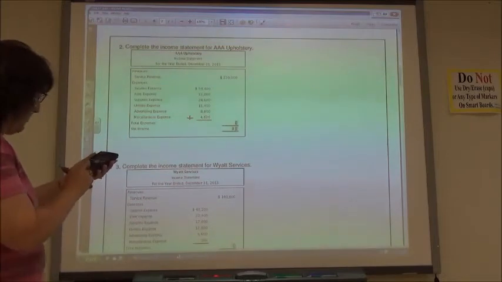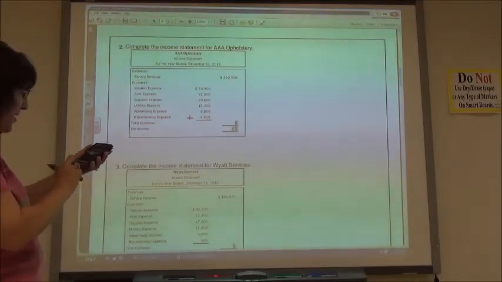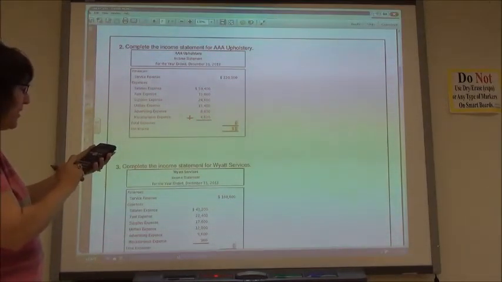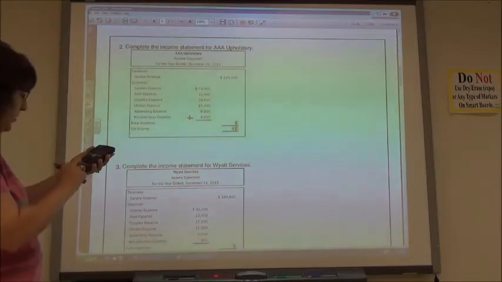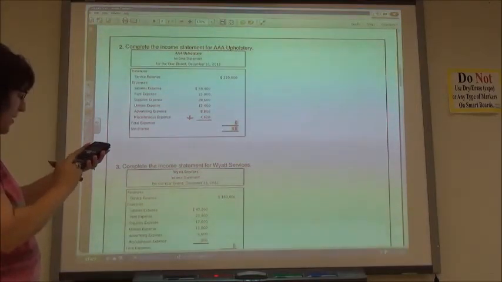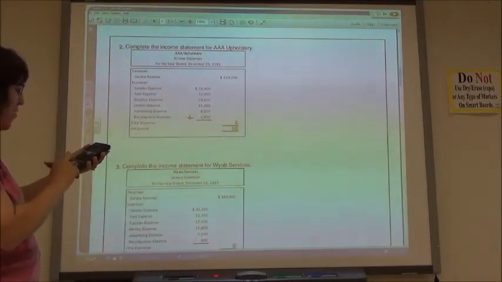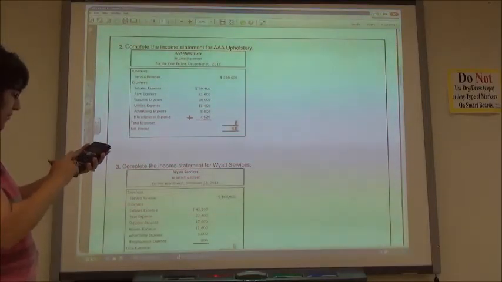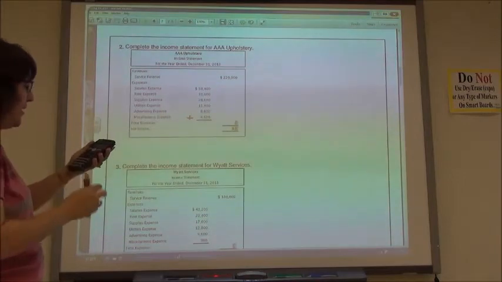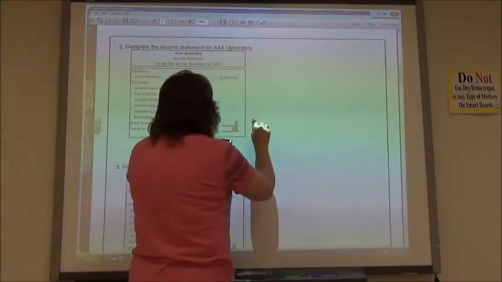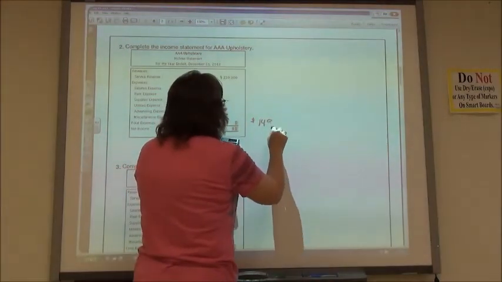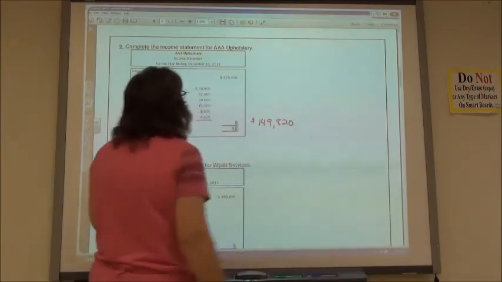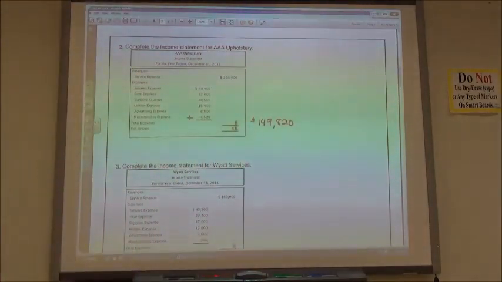Let's try that again. $59,400 plus $33,000 plus $28,600 plus $15,400 plus $8,800 plus $4,620 gives me $149,820. I think those are all the exact same numbers we had on the previous income statement.